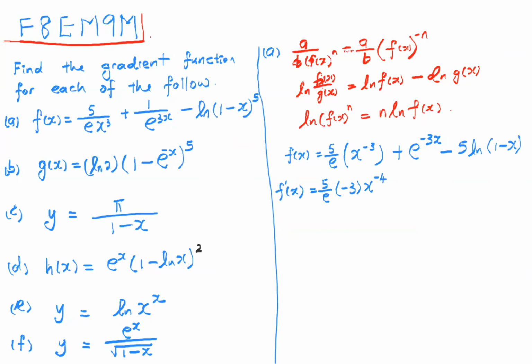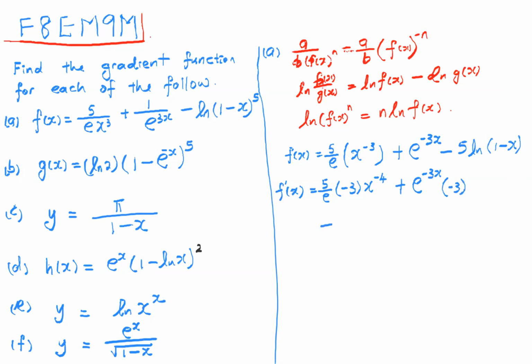This is called power terms rule. Plus, okay, exponential terms, we will copy down the whole thing times by the rate of change of the power, that is -3.